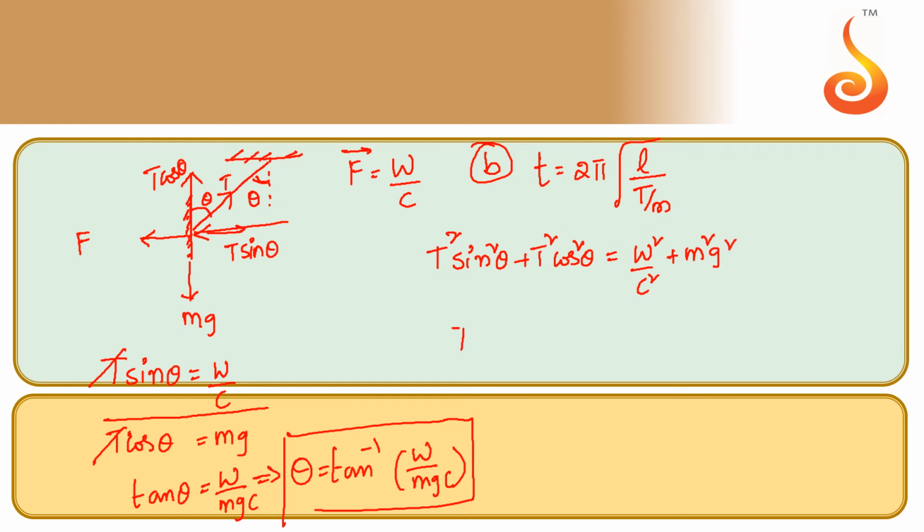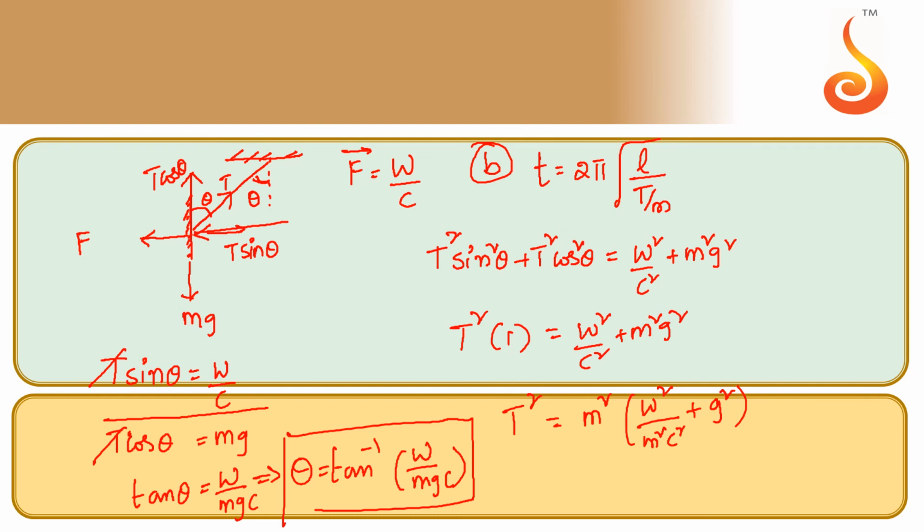So if we take T square common, sin square theta plus cos square theta is 1, giving W square by C square plus M square g square. So T square is equal to, if we take M square common, W square by M square C square plus g square.